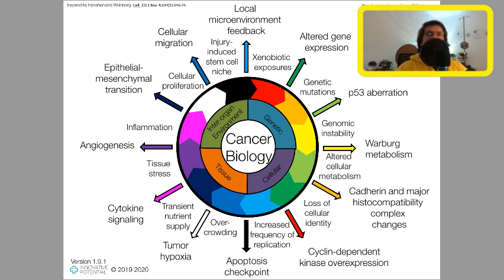So as long as the cell is able to replicate, then that's fine. But these are some of the changes that are made to cancerous cells as they develop. So we're moving from a loss of cellular identity into increased frequency of replication.